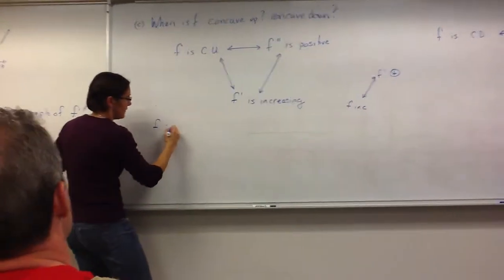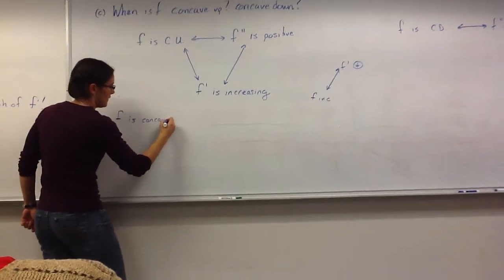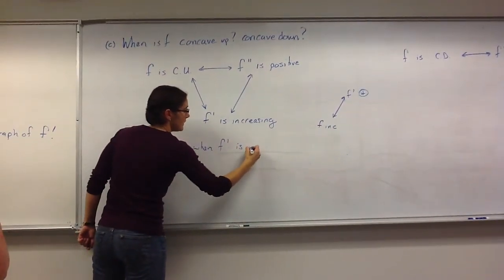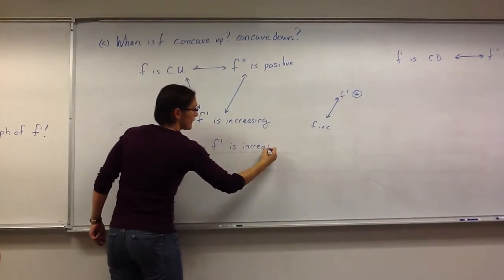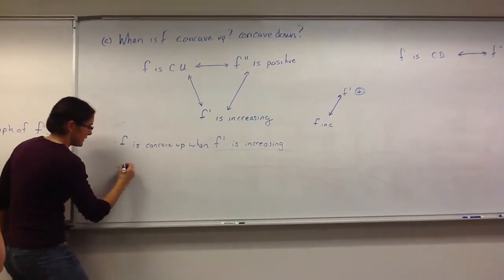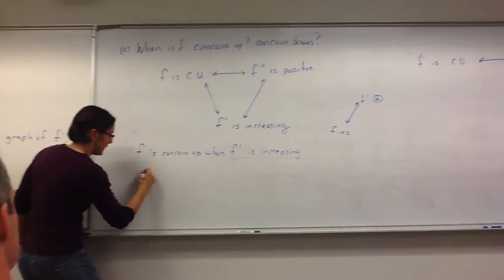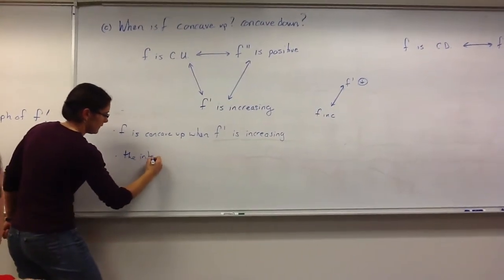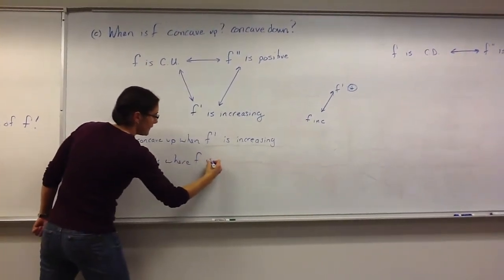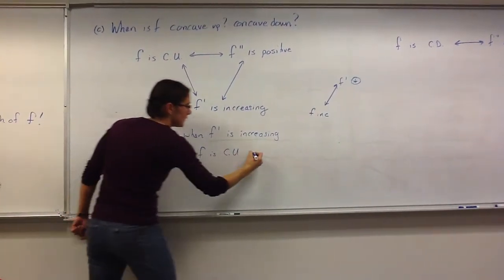So f is concave up when f prime is increasing. And so that tells me in this case, these are the intervals where f is concave up.